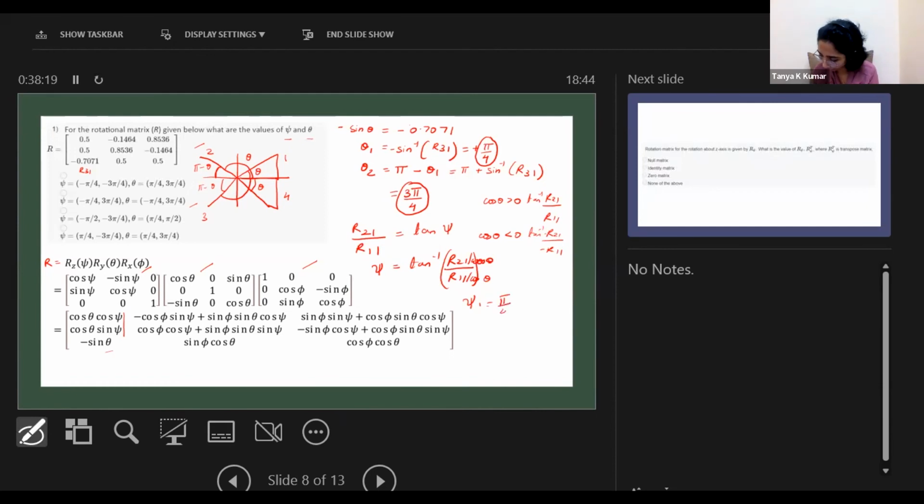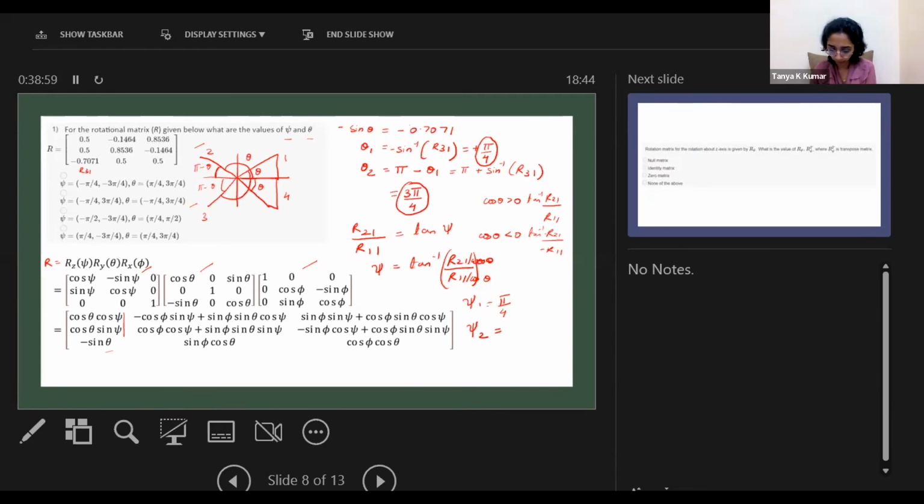And your xi 2. This is hanging. I'm sorry about this. It's slow. Okay, xi 2, you divide, so it will be R21 by cos theta 2, R11 by cos theta 2. Then you have tan inverse of that value.